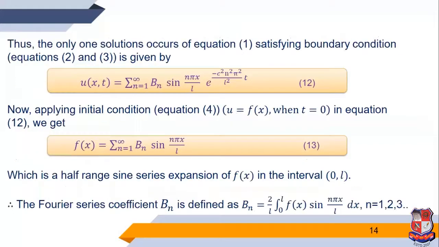So thus, the only solution of equation 1 satisfying boundary conditions equations 2 and 3 is given by u(x,t) equals summation n is 1 to infinity of Bn sine(n pi x by L) e raised to minus c square n square pi square by L square into t.